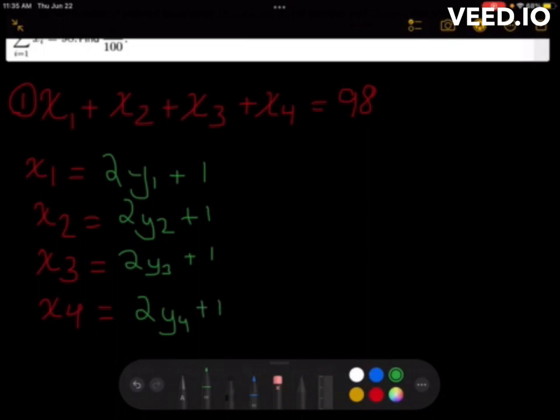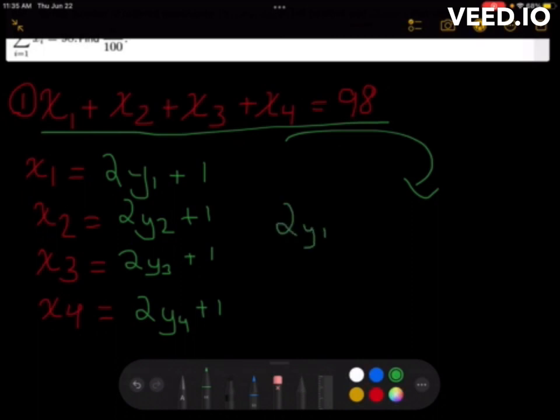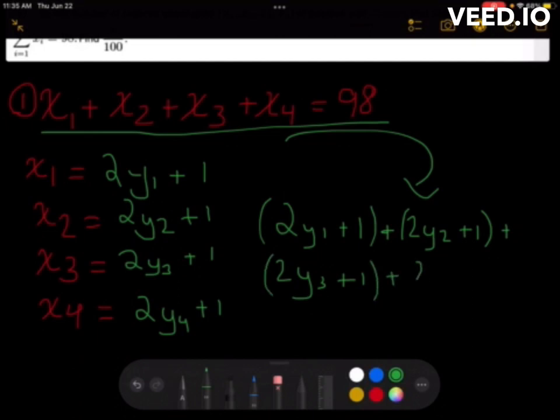So we can write this first condition over here as 2 times y1 plus 1, plus 2 times y2 plus 1, plus 2 times y3 plus 1, plus 2 times y4 plus 1.